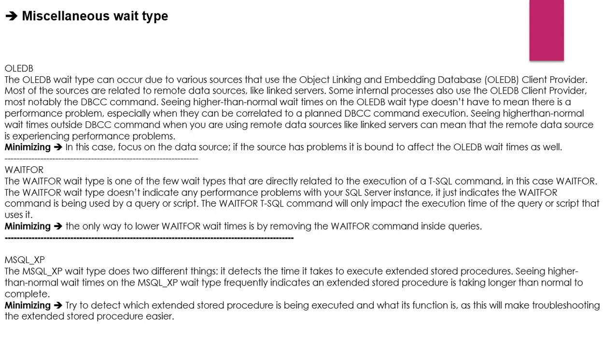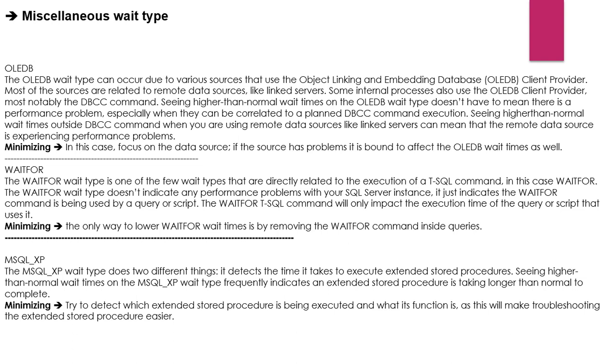Seeing higher than normal wait times on the OLEDB wait type doesn't have to mean there is a performance problem, especially when you can correlate it to a planned DBCC command execution. Seeing higher than normal wait times outside DBCC commands, when you are using a remote data source like a linked server, can mean that the remote data source is experiencing a performance problem.